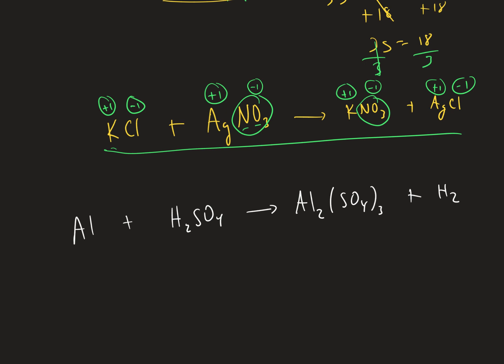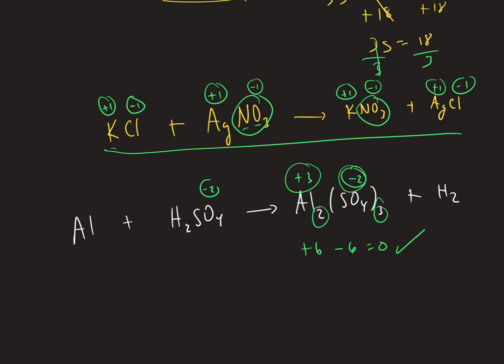Okay, now let's do it. If we say this is -2 and this is -2, and this is +3, now let's do this. +3 times 2 is +6. -2 times 3 is -6. Does that equal 0? It should.